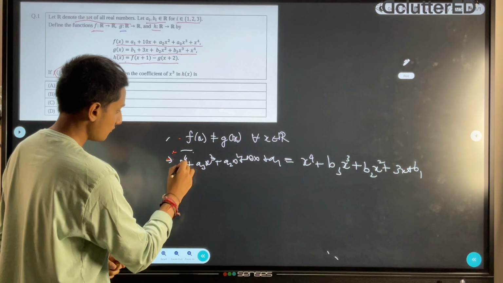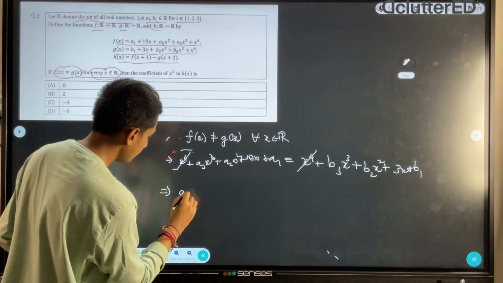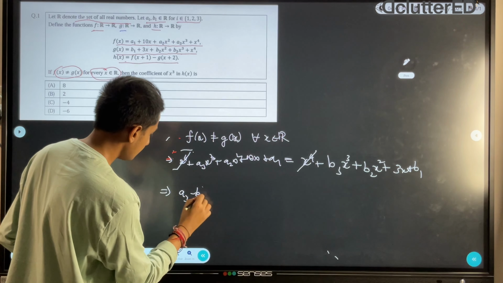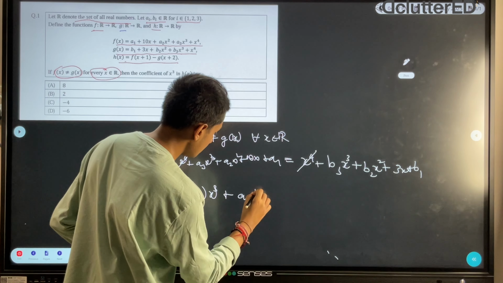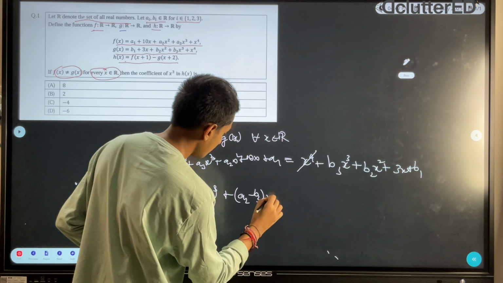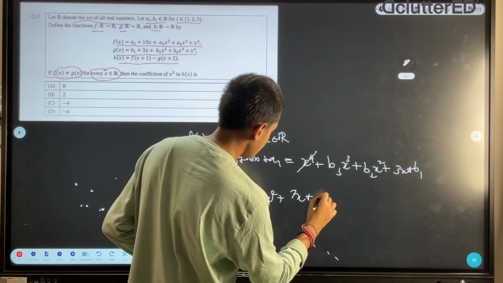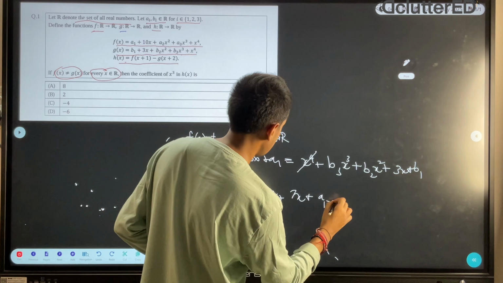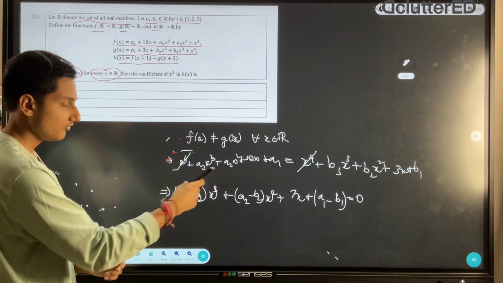So x power 4 can get cancelled and we'll end up with (a3 minus b3) x cube plus (a2 minus b2) x square plus 7x plus (a1 minus b1) equal to 0, and we want this to have no solution.